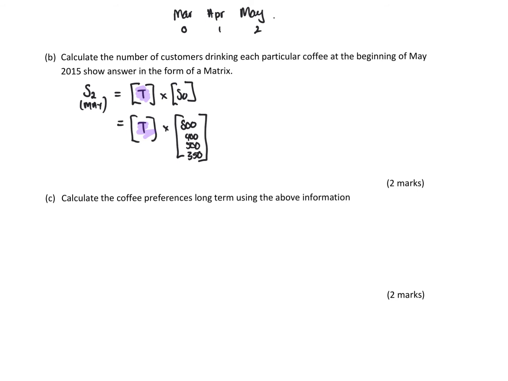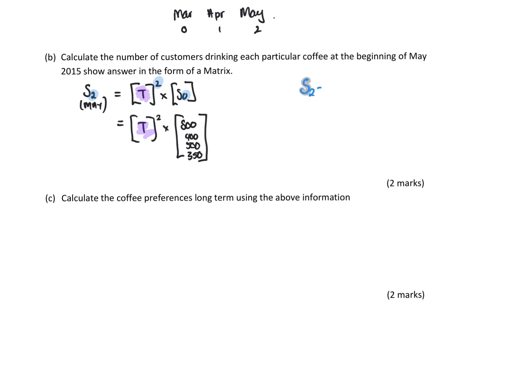Because we want S2, we want this to be to the power of 2. If you remember, this number and that number should add up to what you need: 2 plus 0 is 2, so that's good.